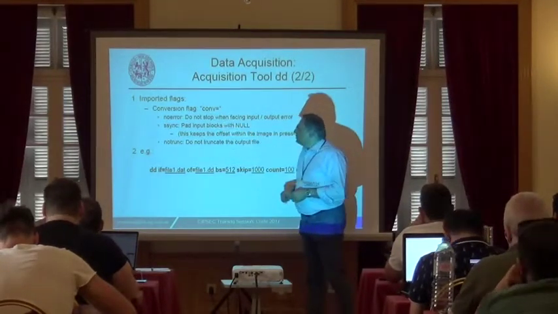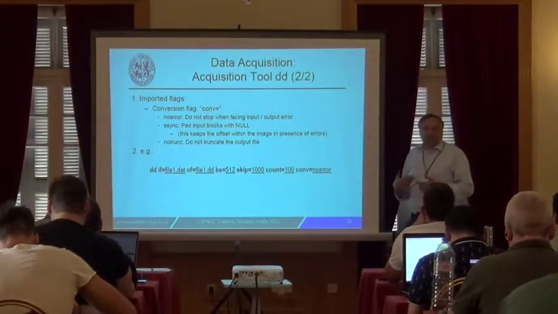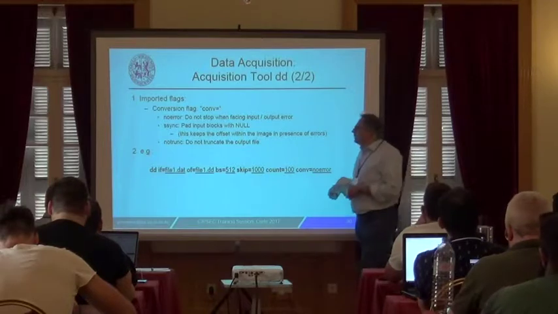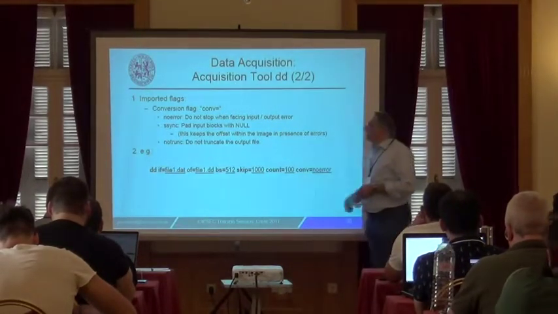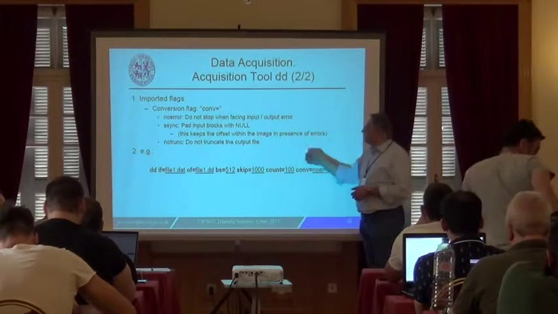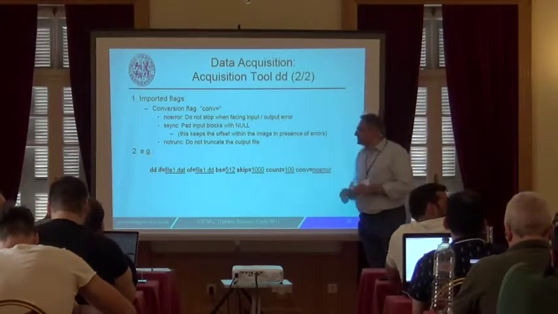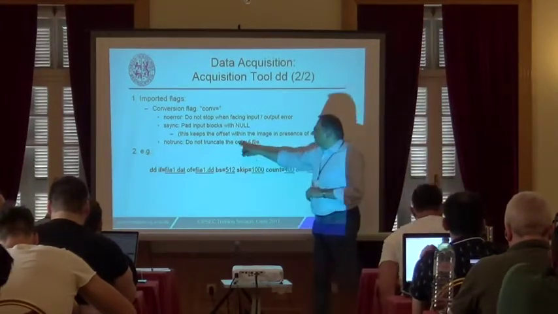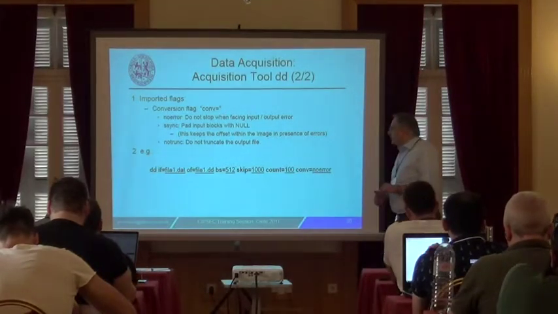One is to specify no error, so that it doesn't die when it cannot read the sector. And also sync, so that it will pad bad blocks, replace bad blocks with zeros, so the offset in the destination file will be the same as the offset in the source file. And finally, we specify noctrunc, so we do not truncate the output file.